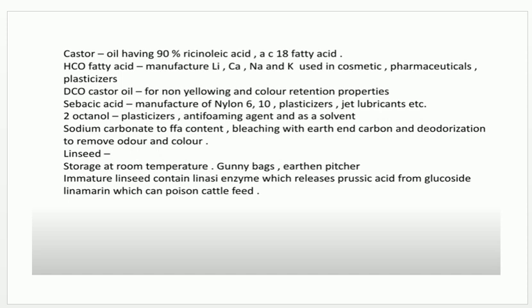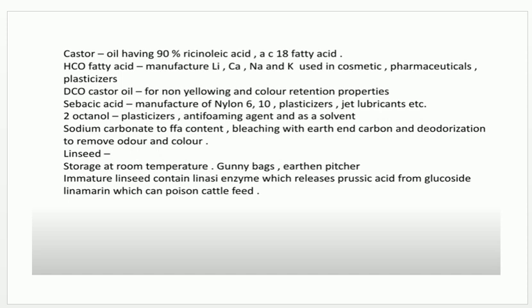So this is the castor oilseed operation, and after that the linseed operation. Linseed is stored at room temperature, and gunny bags and earthen pitchers are generally used.